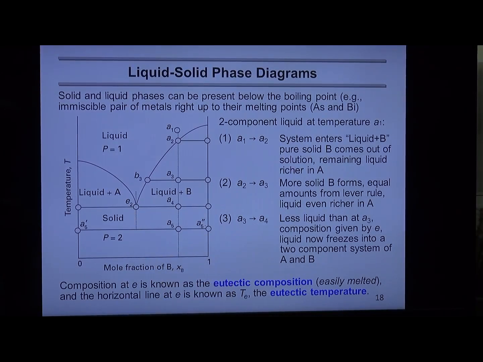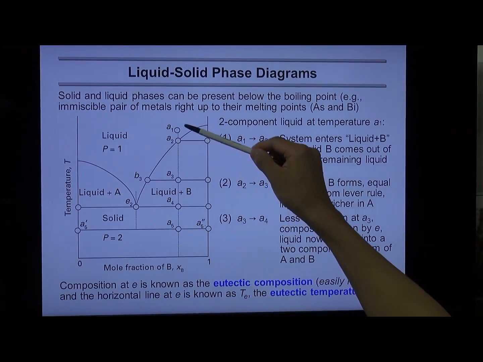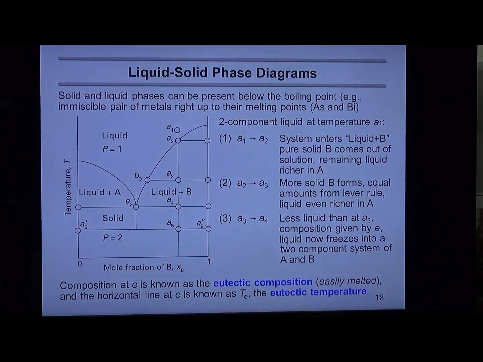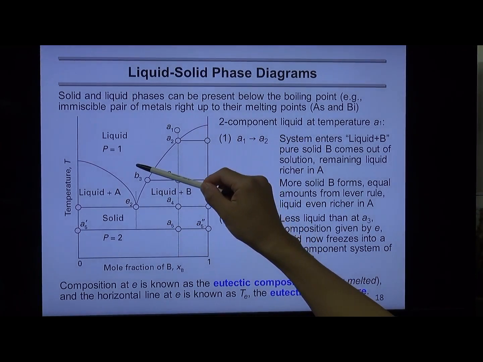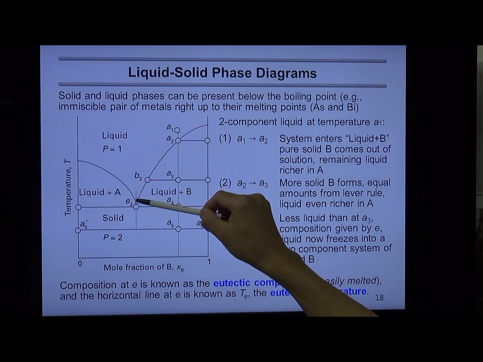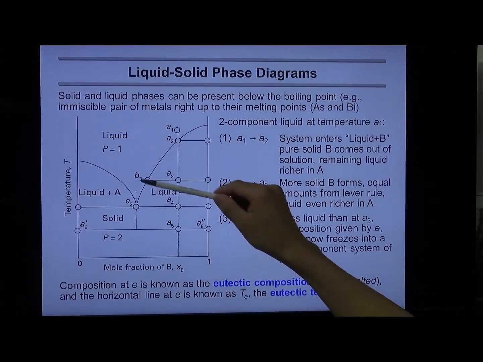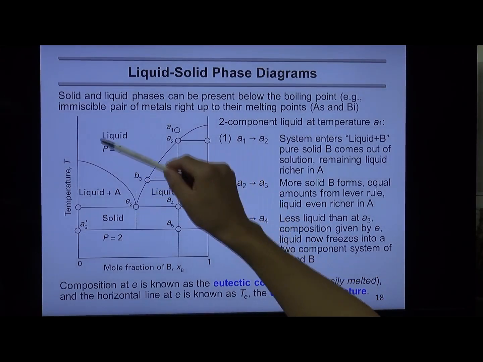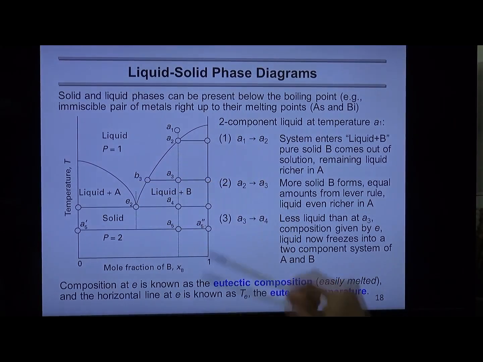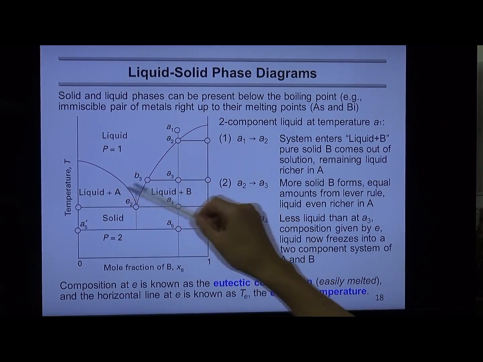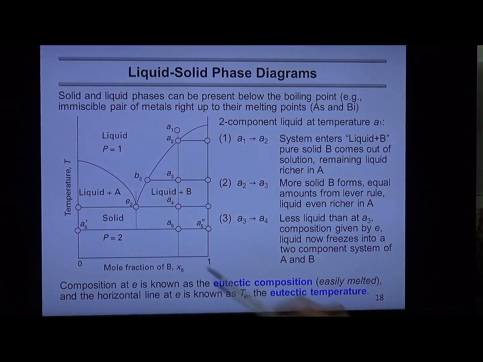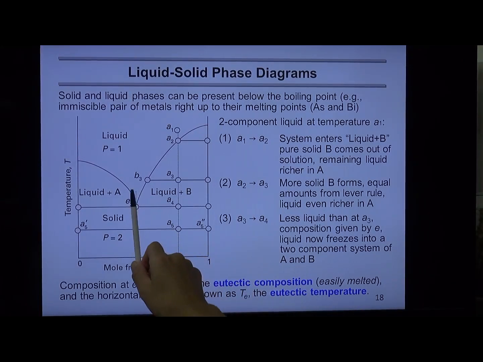At this point, if you look carefully, if you start from here and you lower the temperature through this point, then what happens is that at a single temperature, the liquid phase changes to solid phase without experiencing these two different phases, right? So this kind of composition, especially at this composition, is called the eutectic composition.